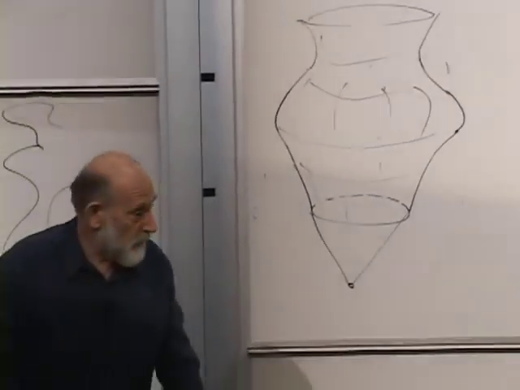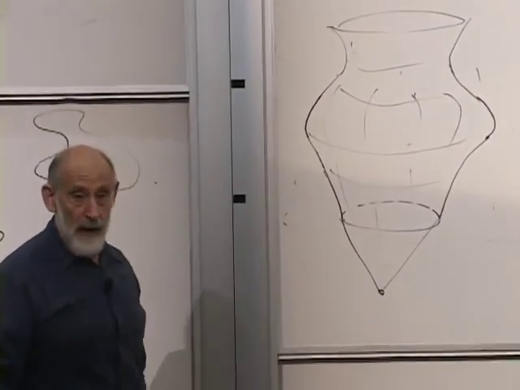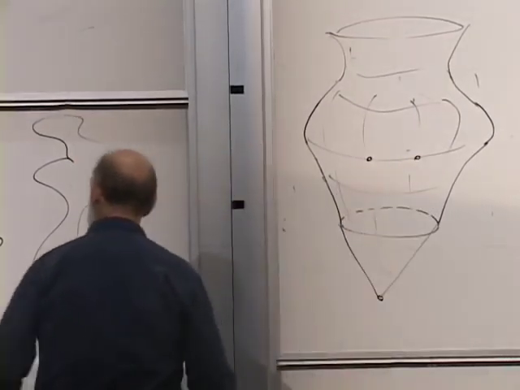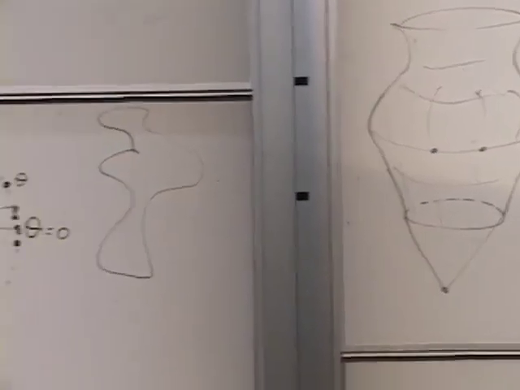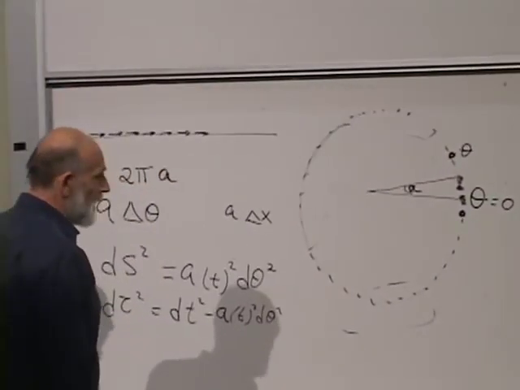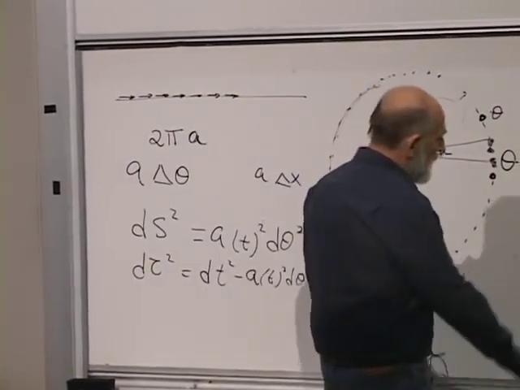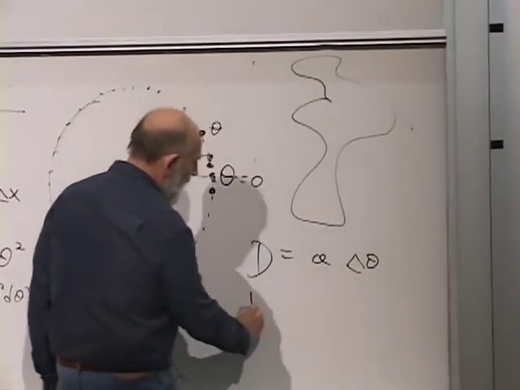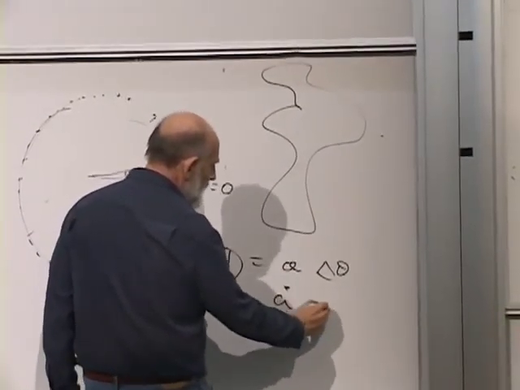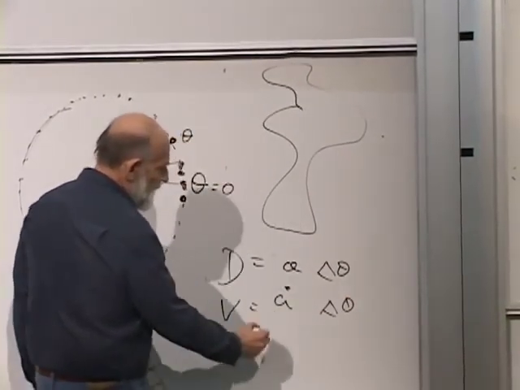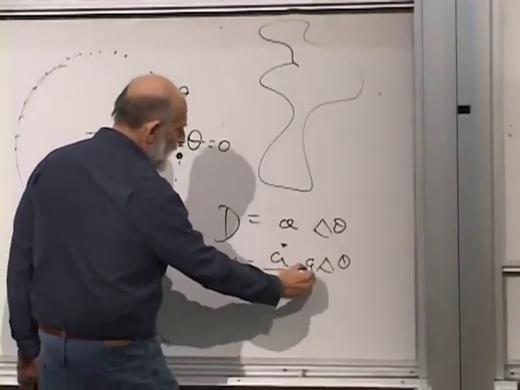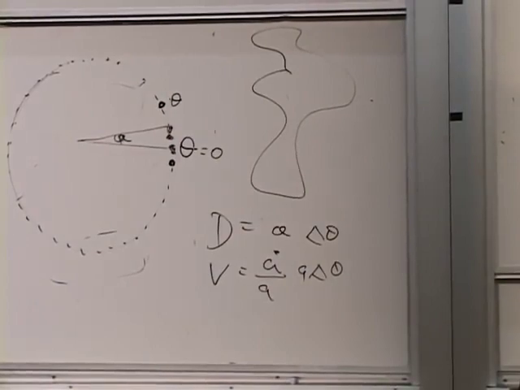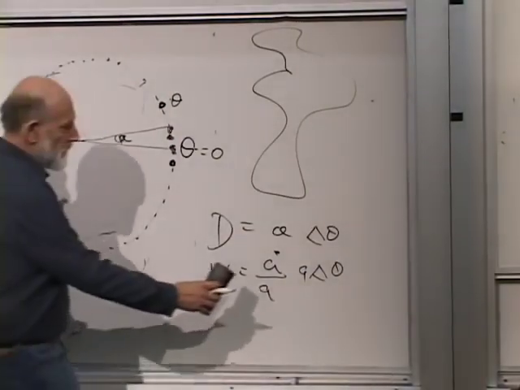In this universe, Hubble's law is still correct for exactly the same reasons as before. The distance between two points again involves a times delta theta. Distance is a delta theta. The velocity is a dot times delta theta, and that's the same as a dot over a times a delta theta, which is the Hubble constant, a dot over a, times distance.